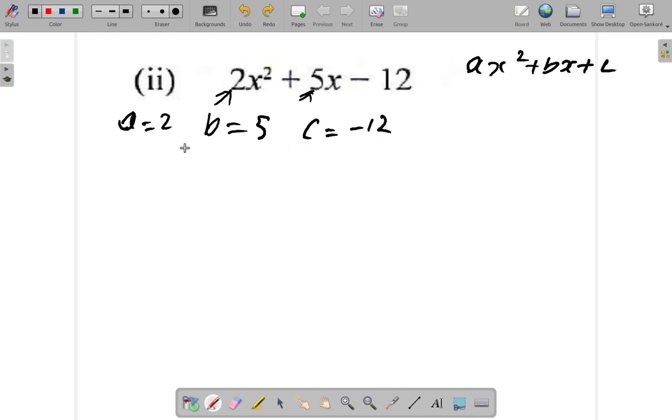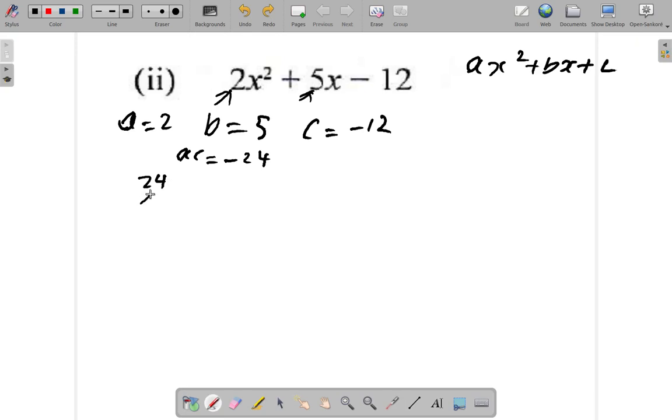Two numbers that multiply to give AC. I mean, A times C would be 2 times negative 12, which is negative 24. And we want two numbers that multiply to give negative 24, and they add to give B, which is 5. Now, which two numbers multiply to give negative 24? Let's see.